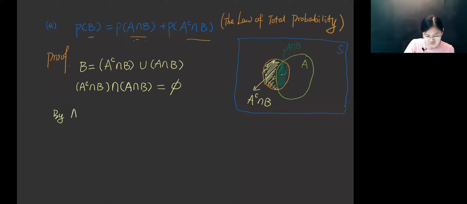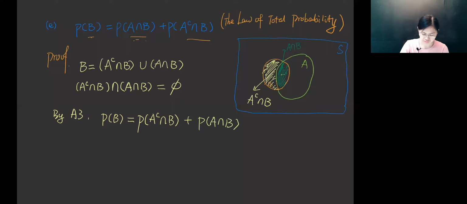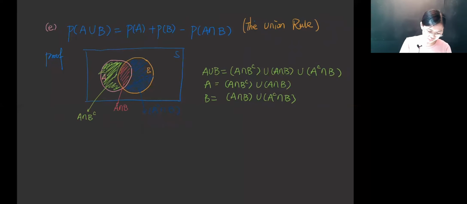Therefore, by axiom 3, by A3, the probability of B should equal the probability of these two parts. So that's consequence E. We will talk about something else about the law of total probability later. So that's E, and this should be F.